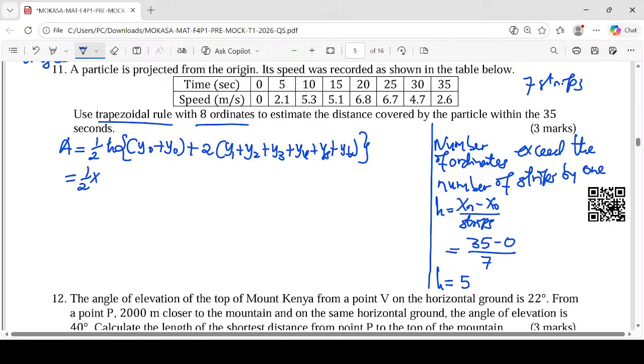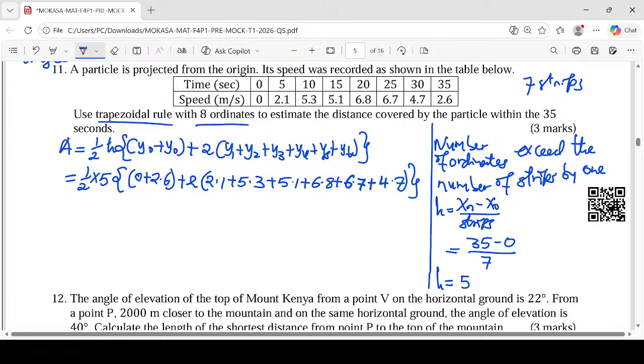So multiply this by 5 into, take the sum of the ends, that is the 0 plus the 2.6, close it, plus 2 into the middle sum, that is 2.1 plus 5.3 plus 5.1 plus 6.8 plus 6.7 plus 4.7. I hope that is very clear.